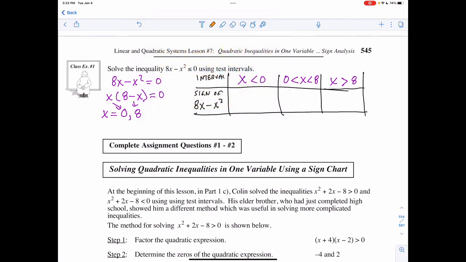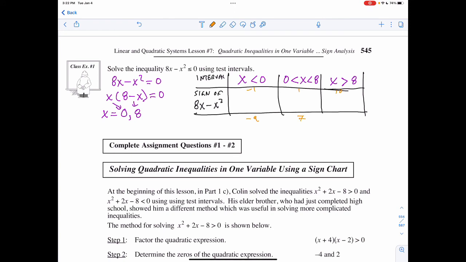When I sub in a test value for the first one, I'd use something like -1. For the second one, I'm probably just going to pick 1. And for the third one, I'd pick something like 10. Then this one is going to give me -9. This one is going to give me 7.